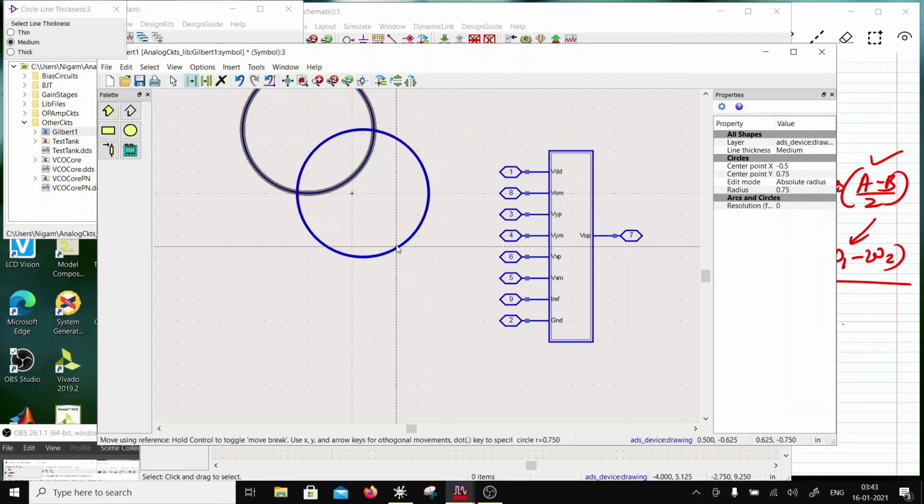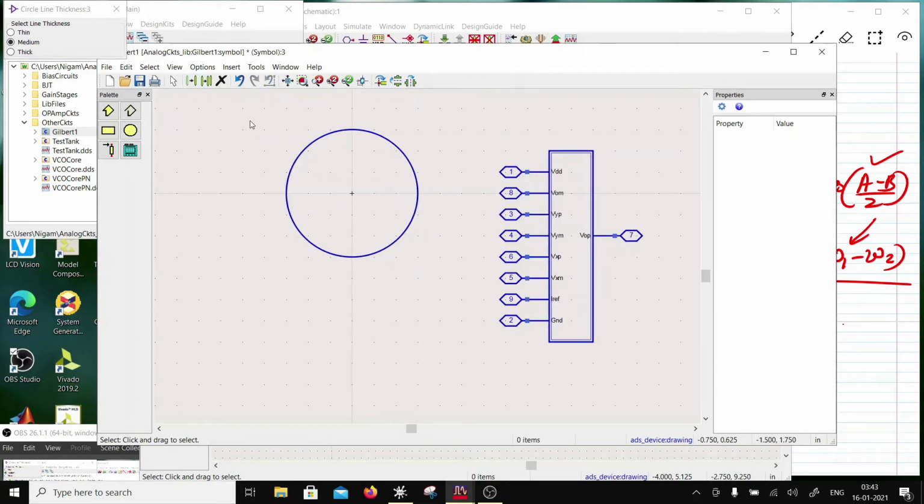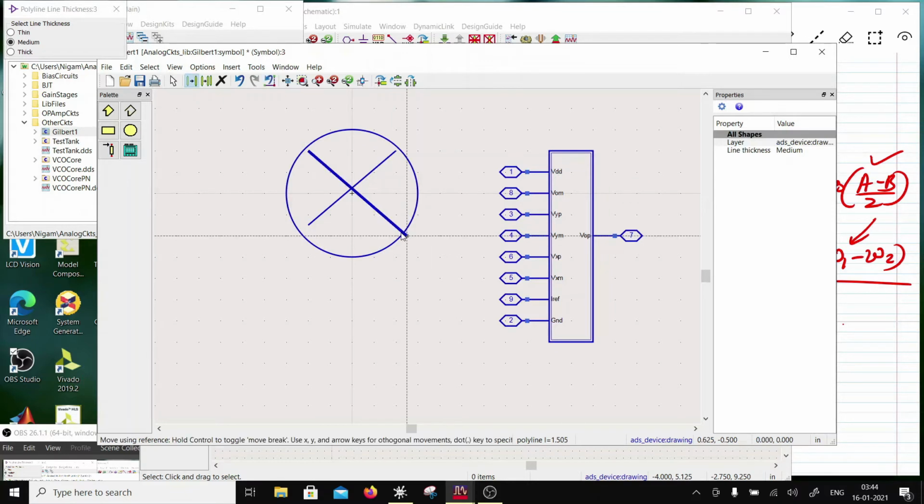So that's the mixer, and I have to put here, so this is kind of stupid, but let me see if I can change this, isn't it?